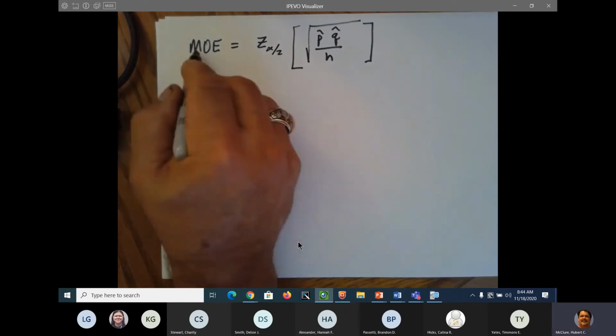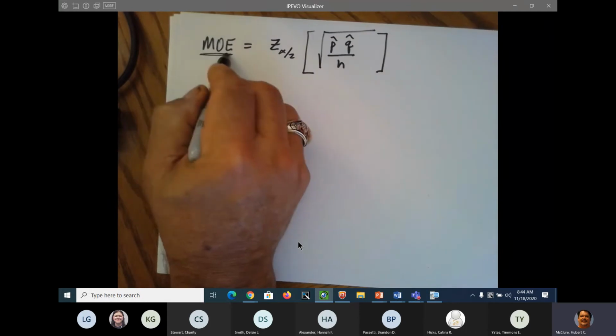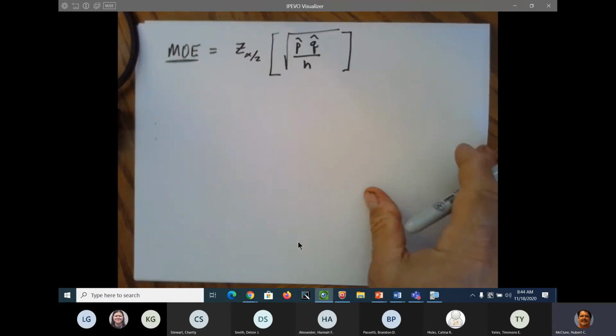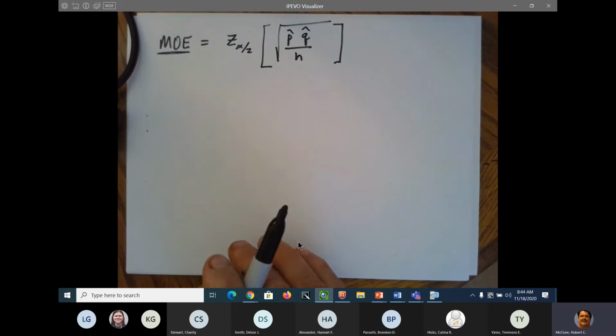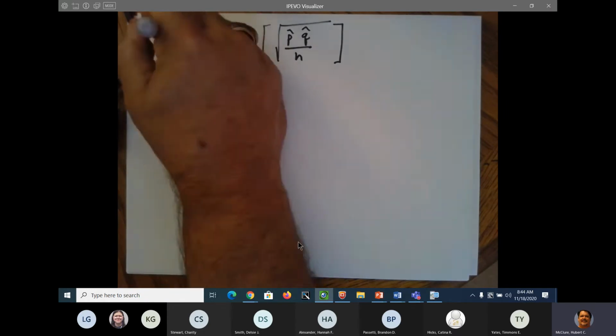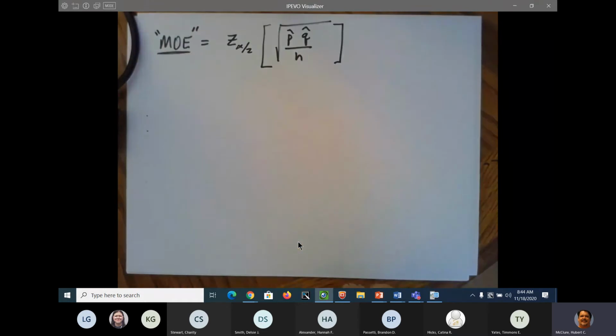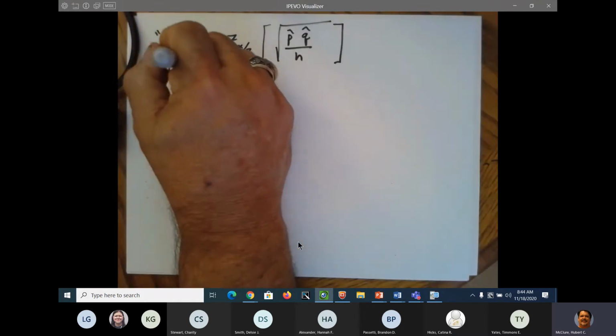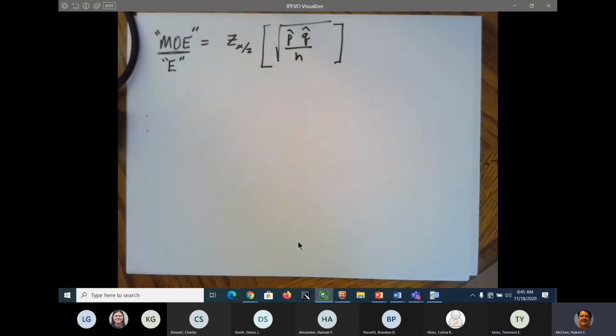And please make a note that MO stands for margin of error. If you go into the research fields or a research class, some people will call the margin of error MO. Sometimes it's referred to as a big E. So sometimes margin of error will be MO. Sometimes somebody will refer to it as E. So make sure you make a note of that.